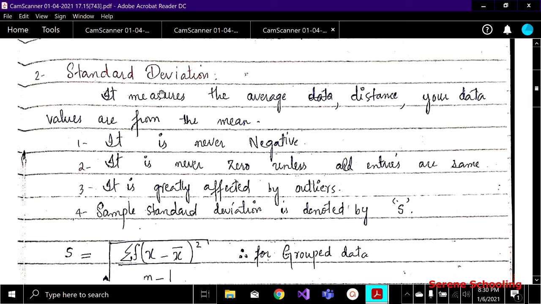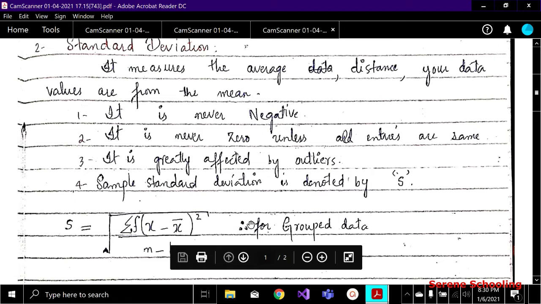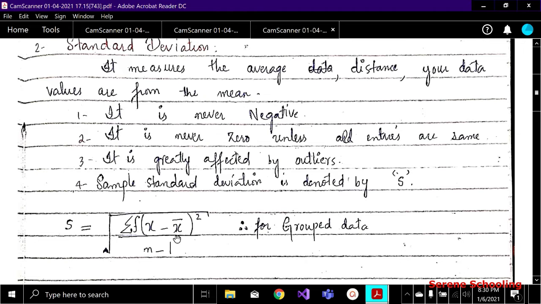Because in the formula we use x bar, that is the mean. So both standard deviation and mean are greatly affected by extremely large or extremely low values, that is, the outliers.